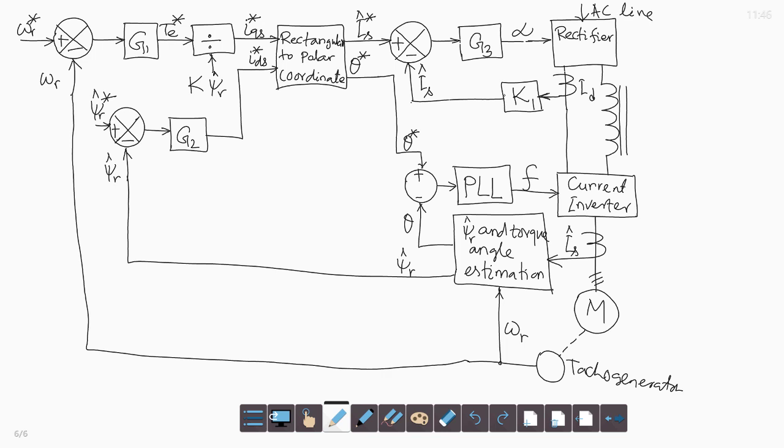So, this is the scheme of vector control drive.